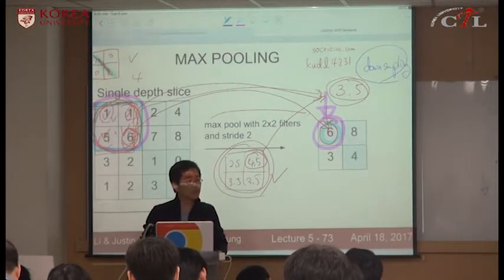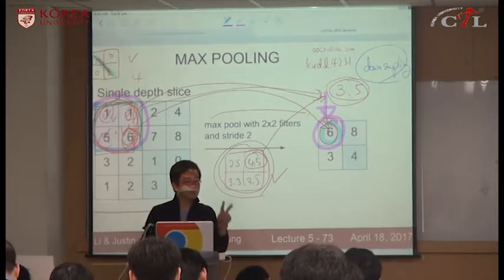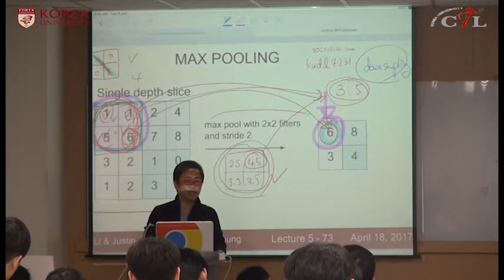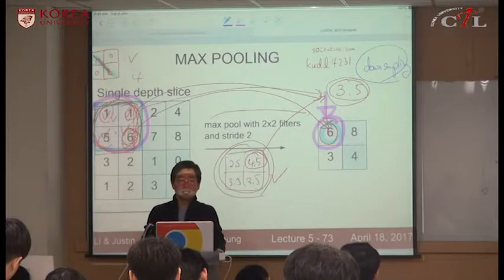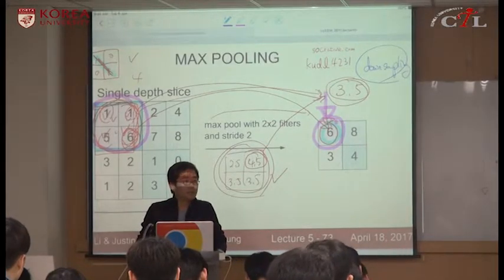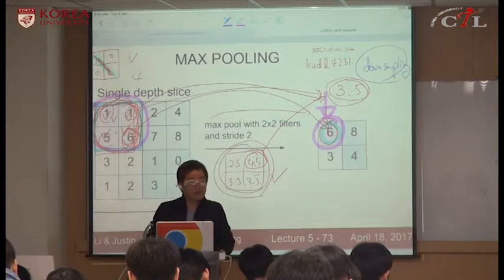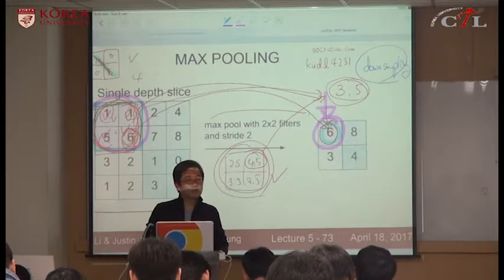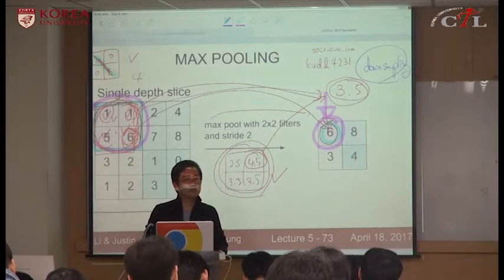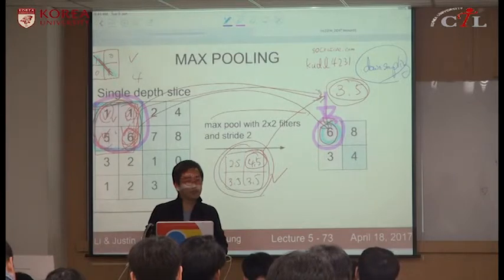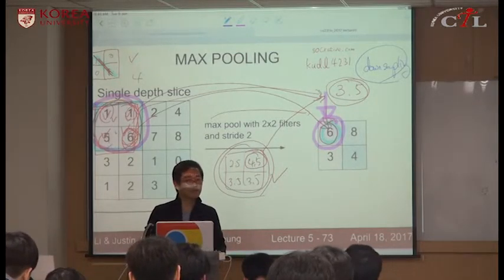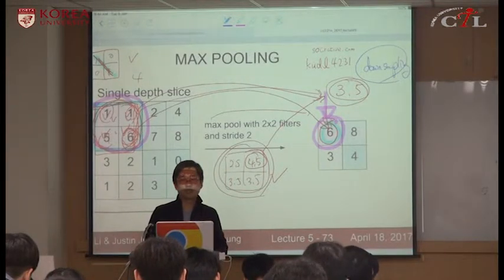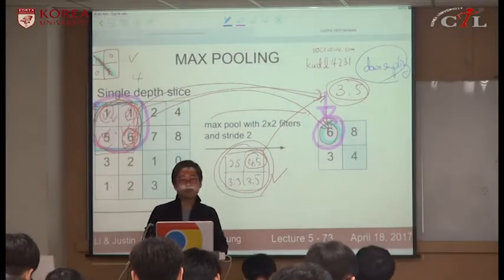Also, a convolutional layer with a stride size of maybe 2 has the effect of downsampling by a factor of 2. So in some convolutional neural net models, we don't use max pooling at all, and instead we just use convolutional layers. If we want to resize or downsample the image, we apply a convolutional layer with a stride size of 2. That is also another kind of design choice.